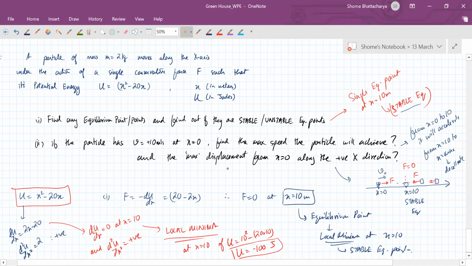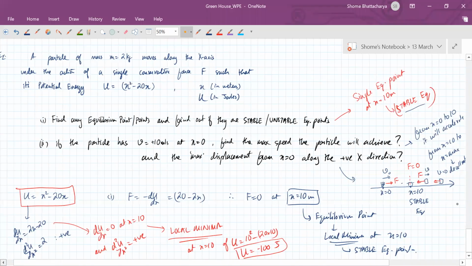So that's how this question now makes sense. Okay, what is the maximum displacement it will have from x equal to 0 onwards? You know that it will accelerate up to 10, but then it will start decelerating. So as it decelerates, at some position it will stop. You'll also realize that it will have maximum speed at x equal to 10. Okay, so we'll discuss this part in more detail. Just make sure you're clear with the first part for now.